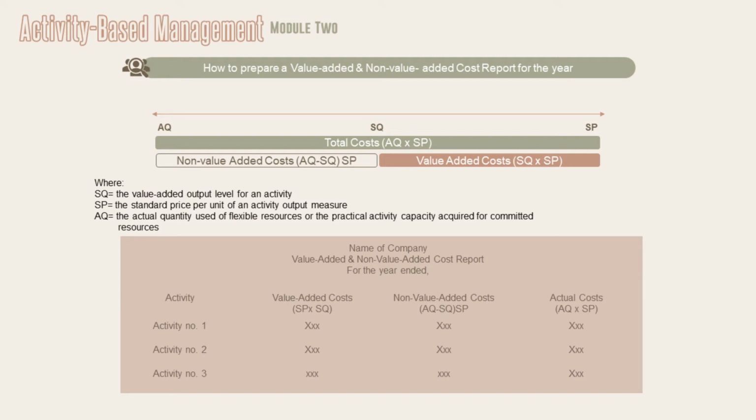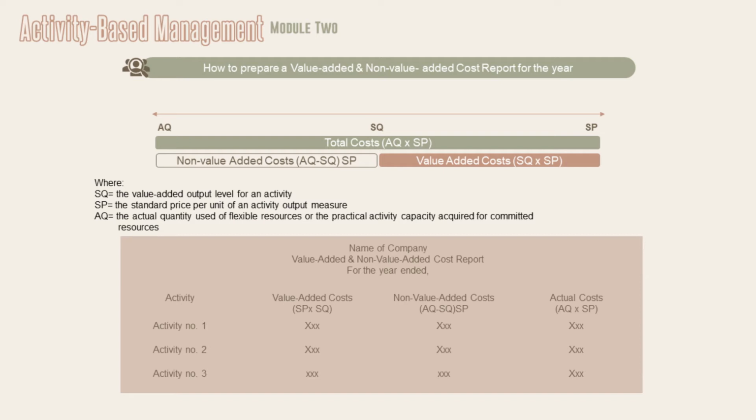For the non-value added cost, we place the non-value added costs for each activity, computed by actual quantity less standard quantity, and the difference is multiplied by the standard price. For the last column, we place the actual costs for each activity, computed by actual quantity multiplied by standard price.